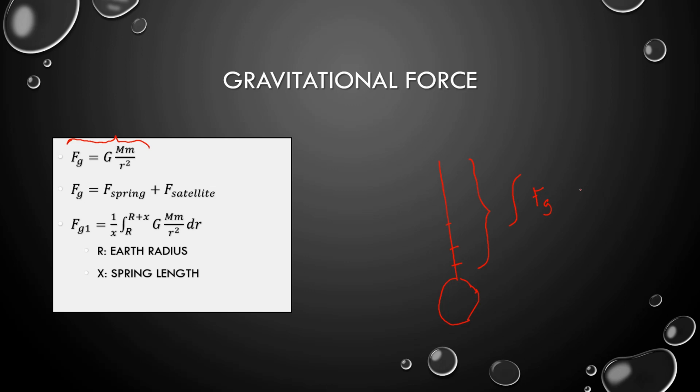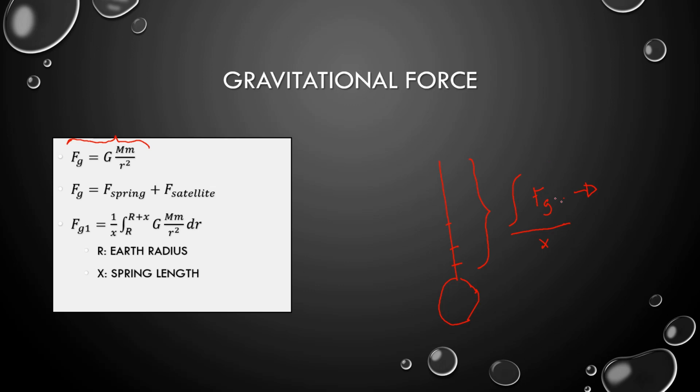But if we do that, we obtain the potential energy, and we don't want that. So the next thing we do is divide by the total length, which we will call x.